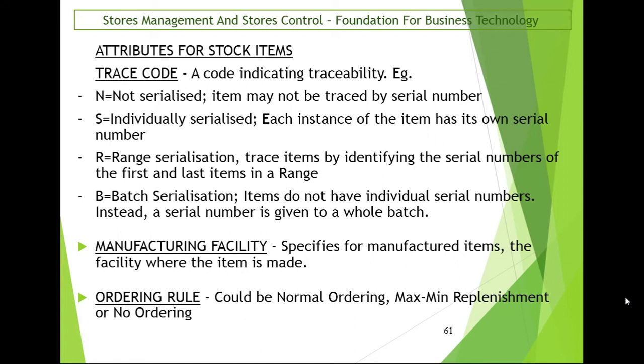In other words, the replenishment method for this particular item. Do we use the normal ordering, maximum, minimum replenishment method? Are we using MRP? Do we use just in time? And so forth. So for each item, you can specify a different ordering method or a different ordering rule.